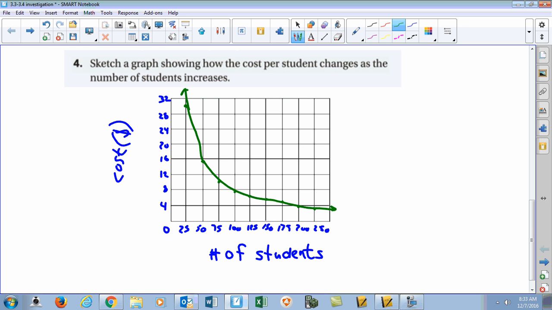Right? Graph looks something like that. So again, as you can see, as the students increase, the cost decreases. Non-constant rate of change. So our description was pretty correct, wasn't it? All right, let's move it on to the back page.